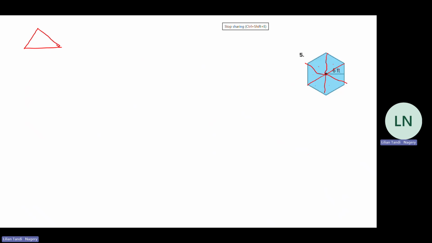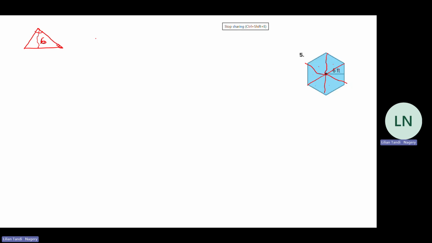All I know is the height of the triangle, which is 6. That's all I know. I don't know this, I don't know here. So what is important? I want the base. All right, let's see how I will find the base.